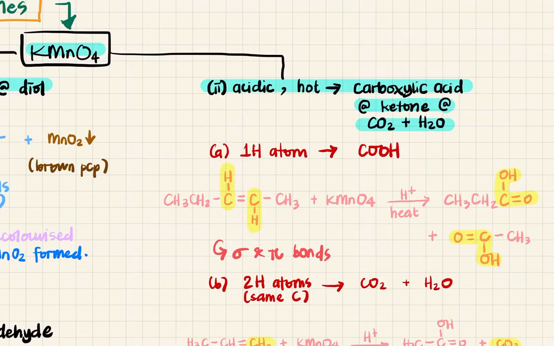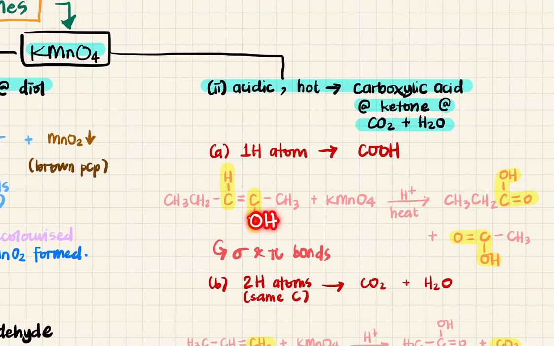Okay, if that is the case, what actually happens is that you're going to cleave this bond, cleave this sigma and pi bond, okay, and then awak tambah double bond O macam tu. And since if you have hydrogen, that means awak akan oxidize juga awak punya hydrogen ni, awak akan tambah oxygen.